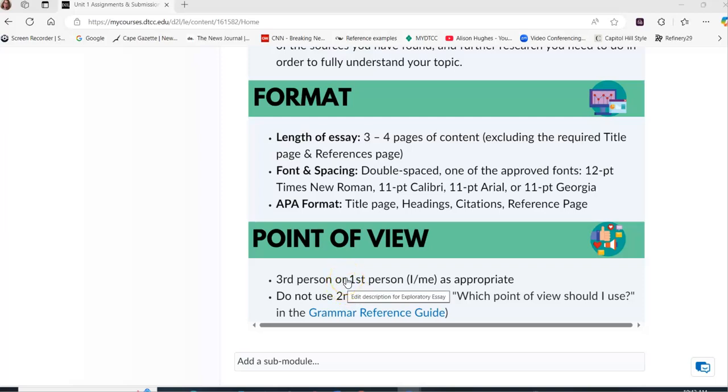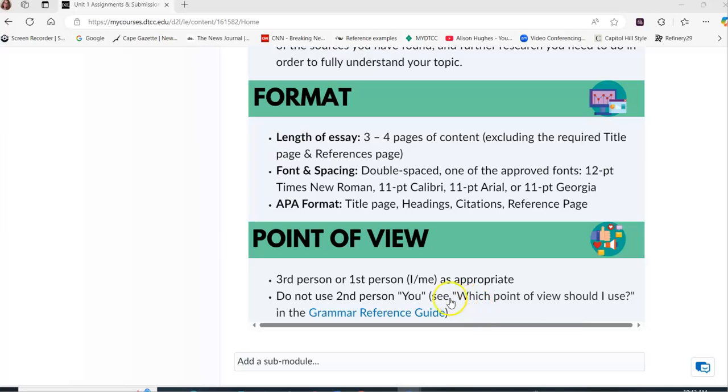Your conclusion is probably going to be first person because you're talking about where you need to go next and what you learned. So clearly first person is probably appropriate in the conclusion, but definitely only third person in the summary and first person in the conclusion. The rest of it, the intro, the evaluation, it's going to kind of just depend how you write your sentences.